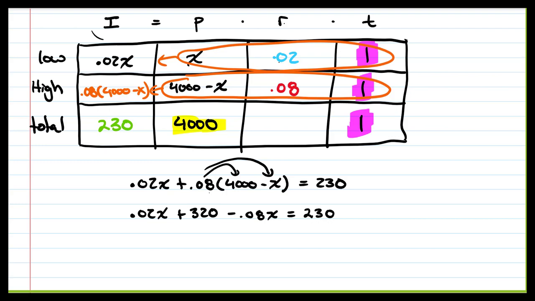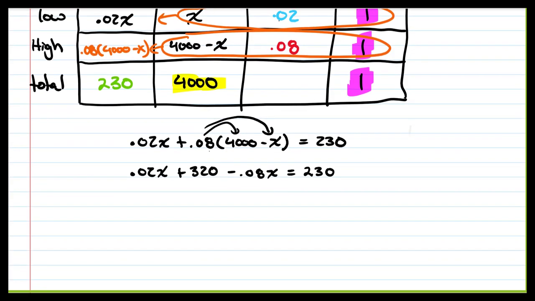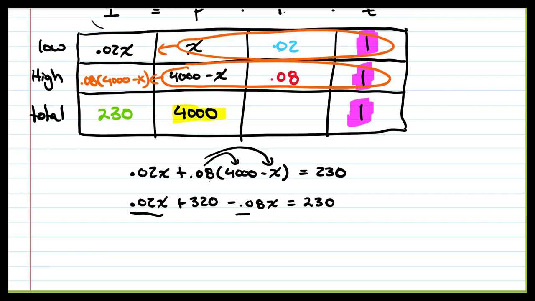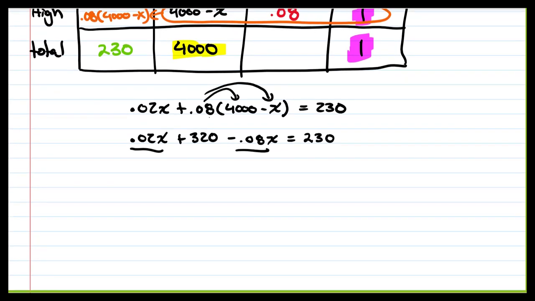Now we need to gather our like terms. We have 0.02x and negative 0.08x, which gives us negative 0.06x plus 320 equals 230.